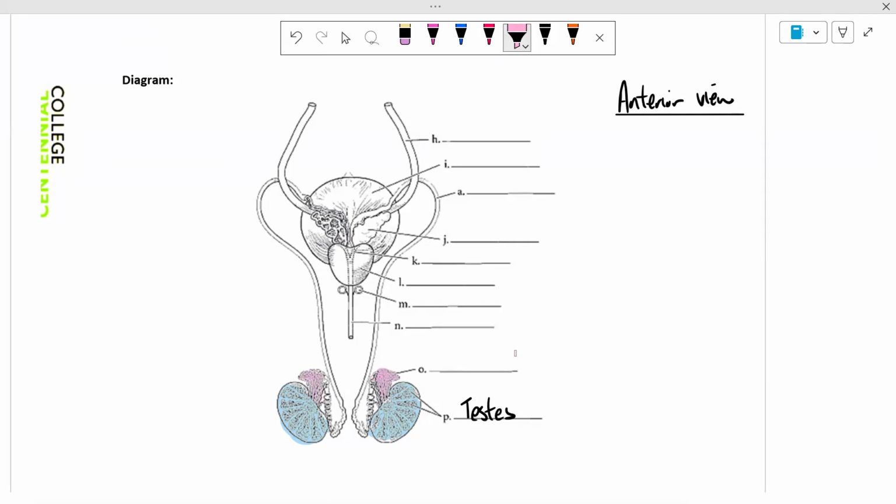And then there are these things on top of the testis. Those are called the epididymis. This is where the sperm have swimming lessons. Sperm matures and becomes mobile. They learn how to swim. And then they're temporarily stored there until released.